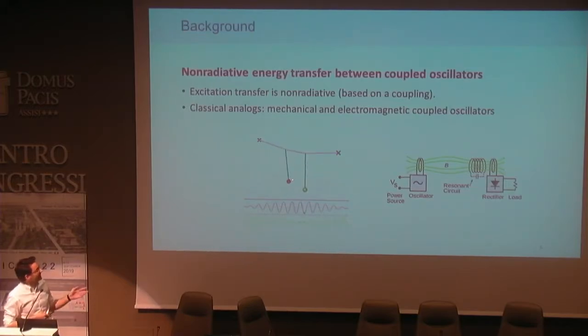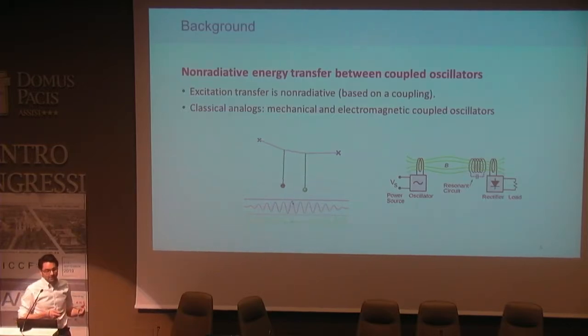Here are some examples from the mechanical domain and also the electromagnetic domain. This is basically the principle that's underlying your wireless phone charger. In both of these cases, you can have a weak coupling and the transfer just takes longer. Although, in response to the question that was posed to Peter, there are some dynamics such as Dicke superradiance and so forth that have to be considered when calculating the coupling strength.